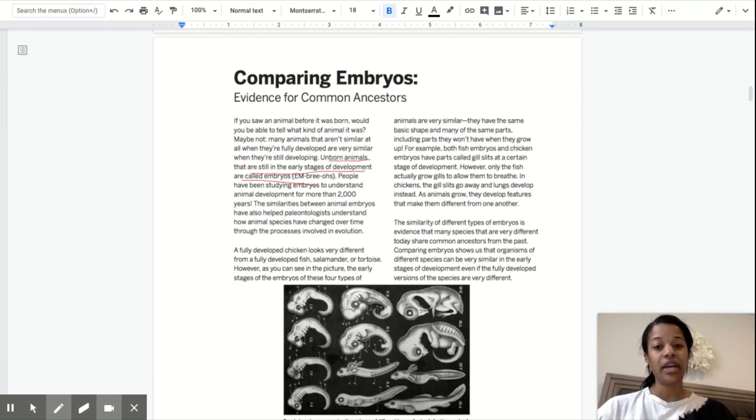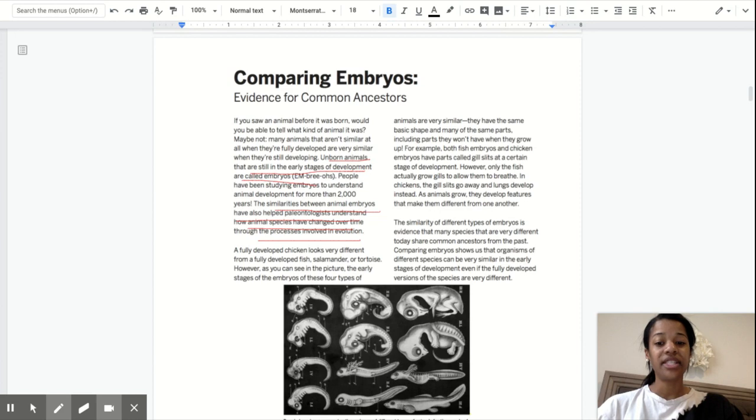People have been studying embryos to understand animal development for more than 2,000 years. The similarities between animal embryos have also helped paleontologists understand how animal species have changed over time through the processes involved in evolution. A fully developed chicken looks very different from a fully developed fish, salamander, or tortoise.